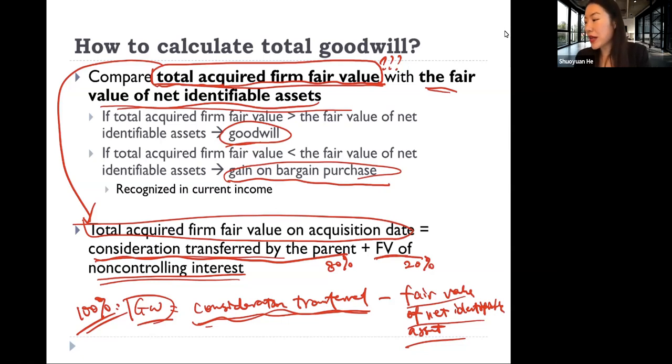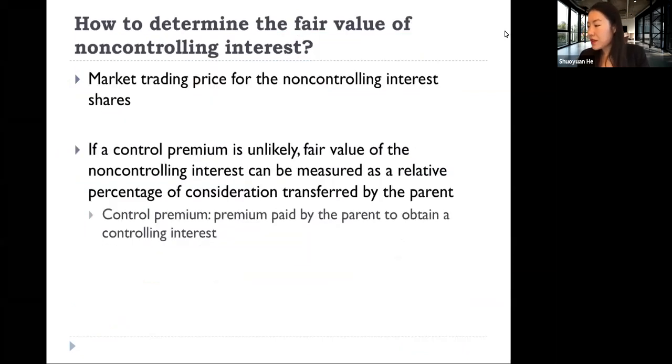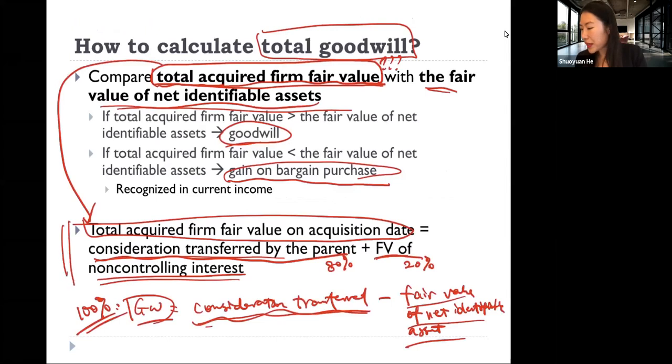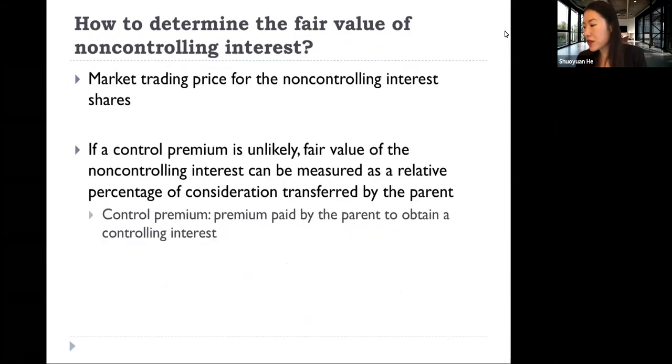Here we need to calculate the total goodwill, which is based on 100%. So we need to add the fair value of non-controlling interest as well. One thing we need to spend more time explaining is how we determine the fair value of the non-controlling interest.